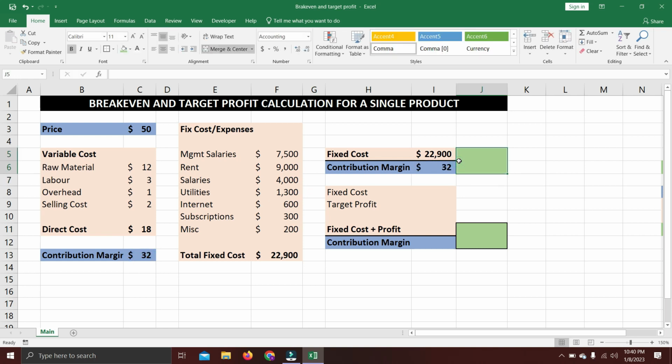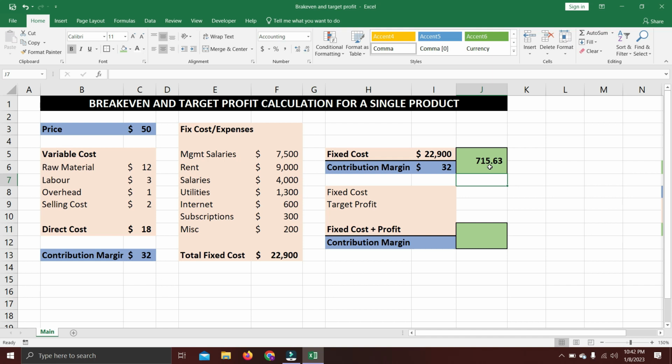Now we will use our formula, which is equals fixed cost divided by contribution margin, and enter. We got our quantity here. This means we have to sell 715 or 716 units of our power banks to achieve this break-even point, and each single unit above this point will give us a decent profit.